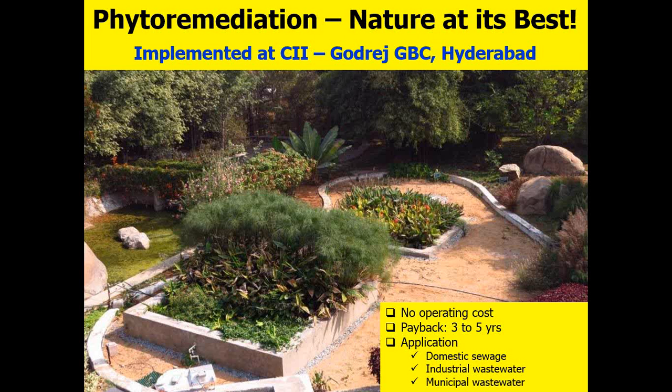If you look at the advantages of this biological way of treatment, STPs are just a normal mechanical way and you don't have any green spaces, whereas here you maintain a garden space. They don't require any maintenance, just pruning.